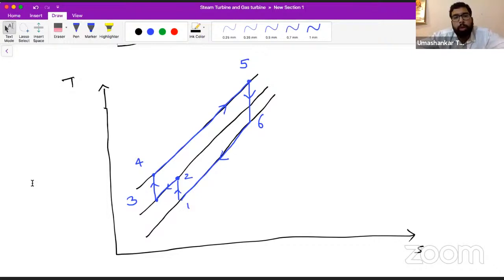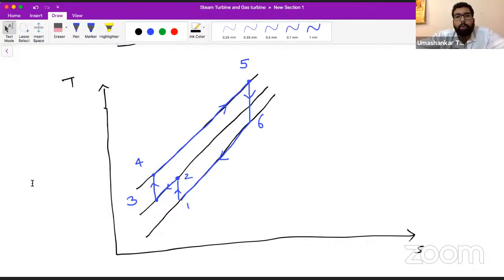So now from 1 to 2 isentropic compression is happening. From 2 to 3 constant pressure heat rejection is taking place. From 3 to 4, what is happening? Isentropic compression is happening.